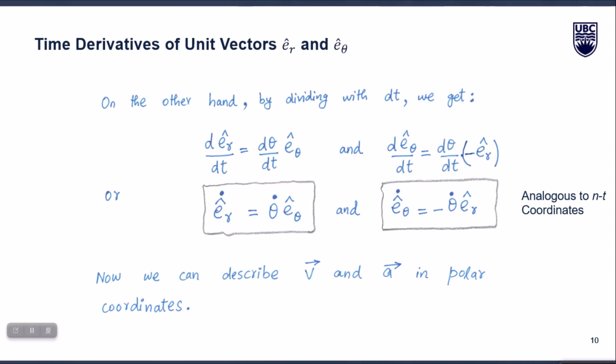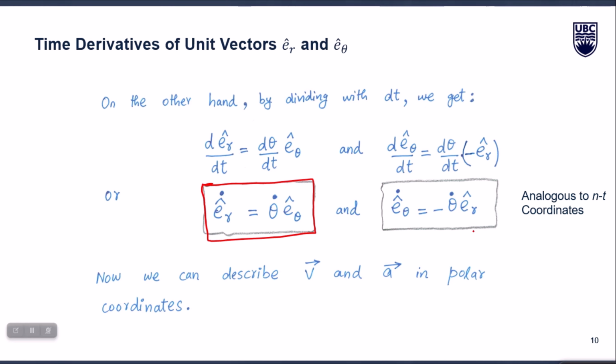So this is the overall summary, that my first derivative of E sub r is in the direction of E sub theta, and it will have a magnitude equal to theta dot. The first derivative of E sub theta is in the direction of minus E sub r, and it will also have the same amplitude, which is theta dot, right?